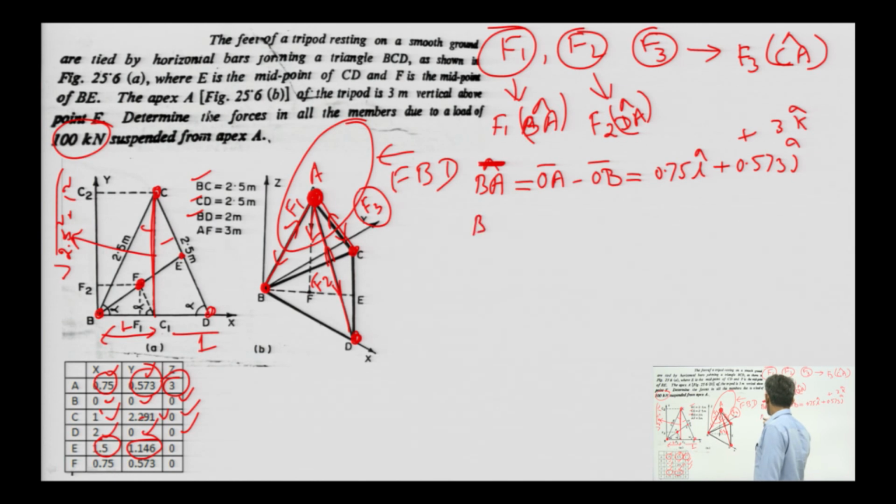So, what is the unit vector? The unit vector will be this vector divided by its mod.